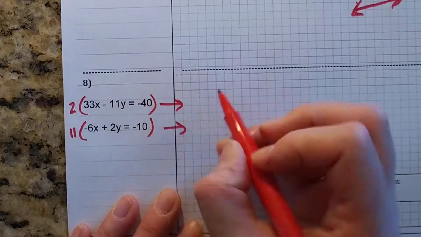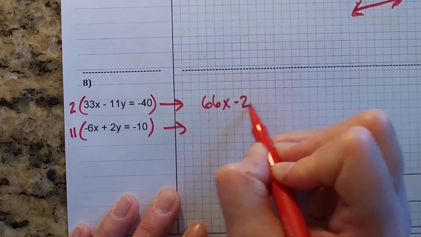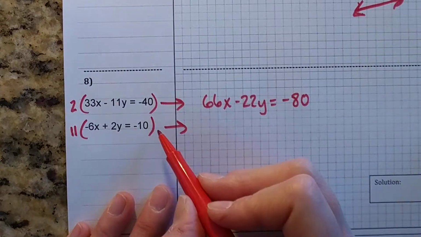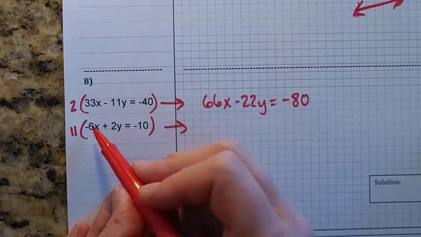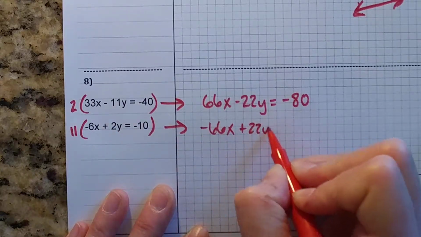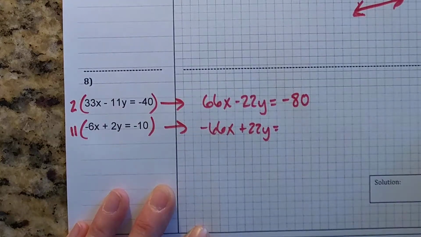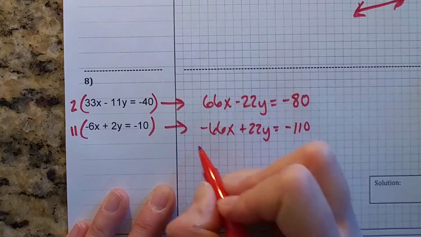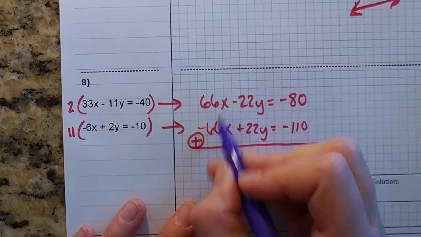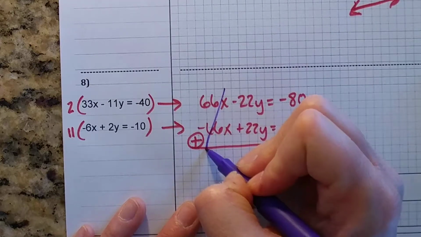So double everything in the top. Doubled. Everything in the bottom we're multiplying by 11. We got 11 and -10. Add them together. Let's see what happens. 66 and a -66 cancel.